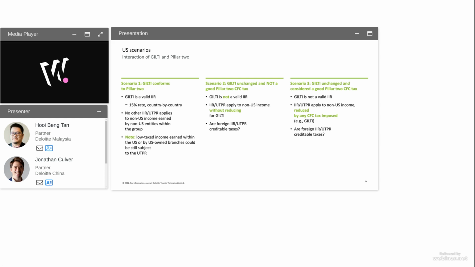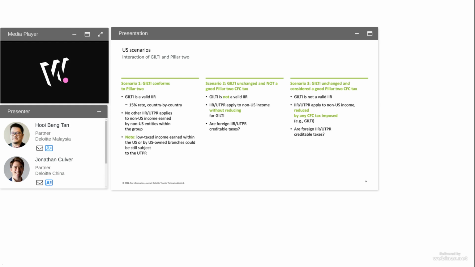That doesn't necessarily take into account the proliferation of QDMTTs, but as originally conceived, if the UPE jurisdiction implements the IIR, that is the country intended to have carriage of the administration and most of the bulk of the work in relation to the GLOBE rules.